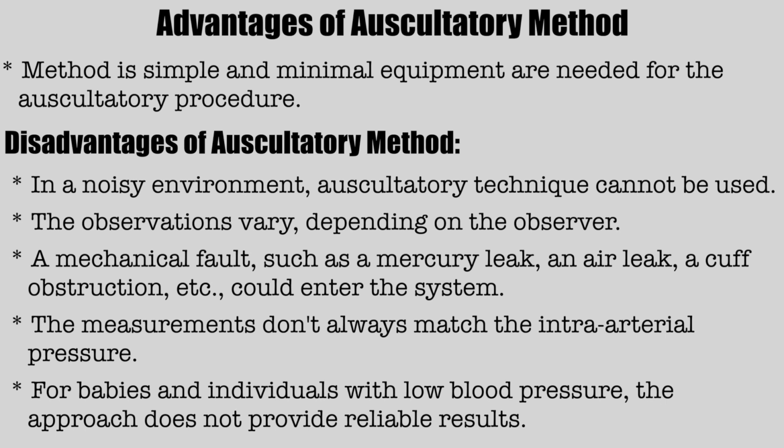Another disadvantage is that a mechanical fault such as a mercury leak, an air leak, a cuff obstruction, etc. could enter the system. The measurements don't always match the intra-arterial pressure. For babies and individuals with low blood pressure, this approach does not provide reliable results.